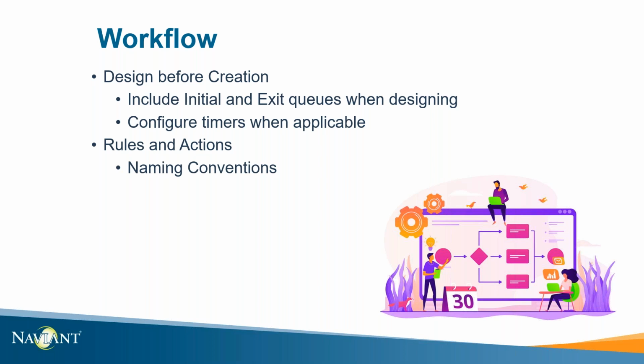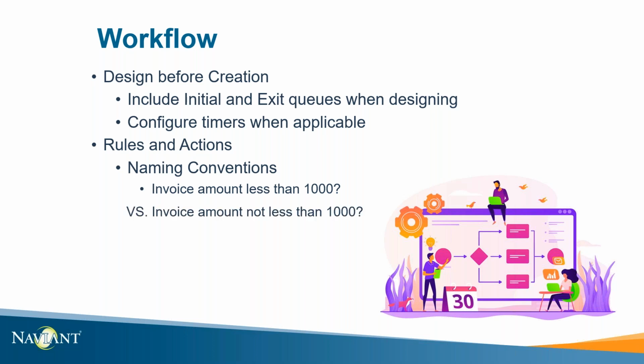For example, if we want to configure a rule for invoices being passed through the workflow, we want to name the rule something like invoice amount less than 1,000. This allows two answers. True, the invoice is less than 1,000, or false, the invoice is not less than 1,000. This is way more helpful than the rule asking invoice amount not less than 1,000.